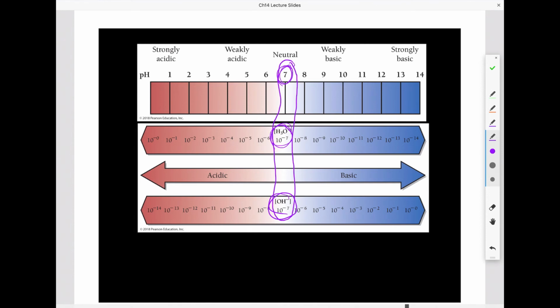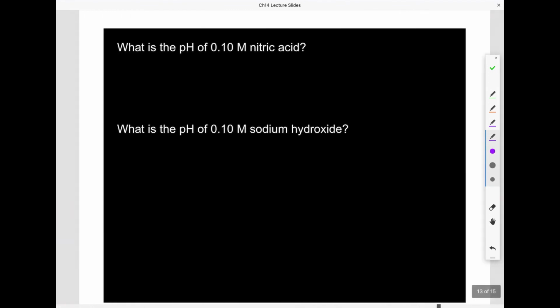If we wanted to talk about something having a pH of 1, its hydronium ion is 10 to the negative 1, because negative log base 10 of 10 to the negative 1 is what? 1, yes? Which means that this must be 10 to the negative 13th because, again, the product of those must be 10 to the negative 14th. Makes sense? All right, look at this a little bit longer if it doesn't make sense.